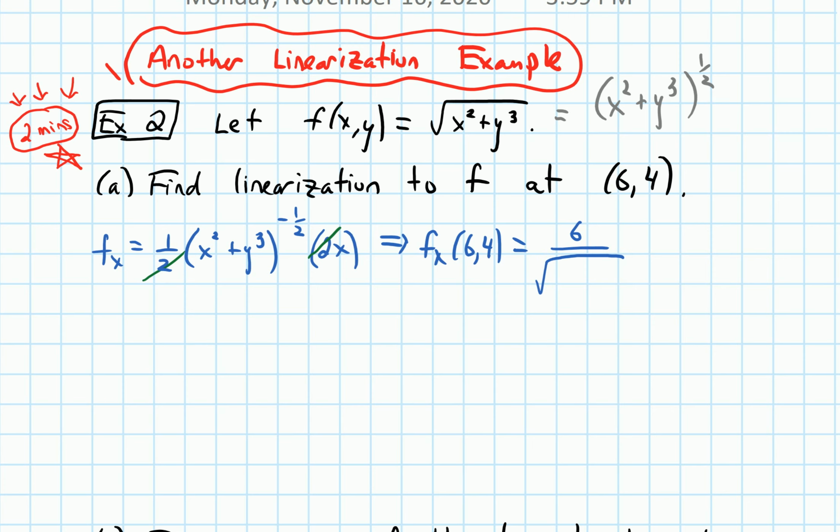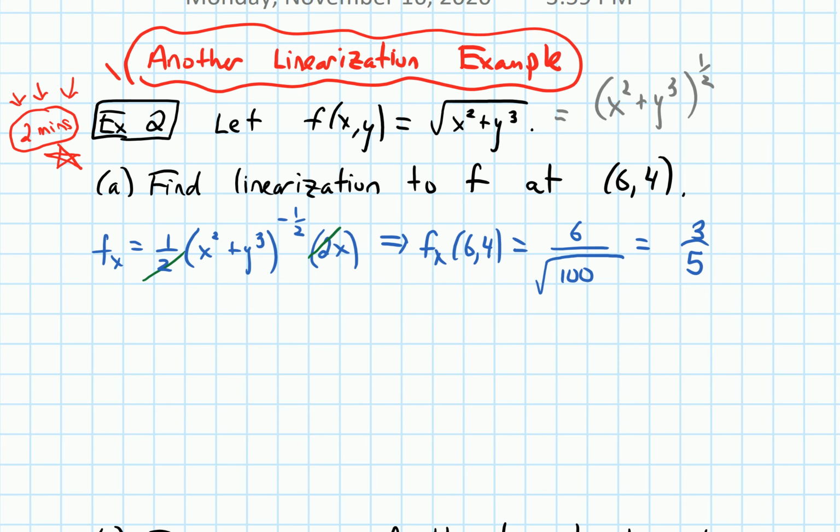If you plug in 6, we'll get 6 squared, which is 36. If you plug in 4 for the y, you'll get 4 cubed, which is 64. So we'll get 64 plus 36, which is 100, within the square root. So this is 6 over 10, which becomes 3 over 5.